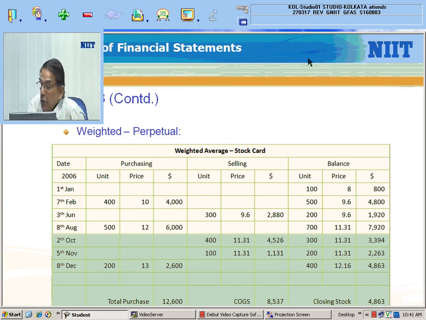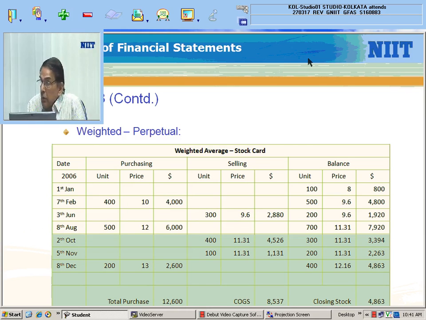Under the periodic, you are not reworking the average cost every time. What you are doing is, at the end of the year, you have 400 units of inventory. So you take the total purchase of 12,600 plus opening inventory 800 and divide by total units available for sale. So we are making only one calculation to determine the average cost of the inventory.